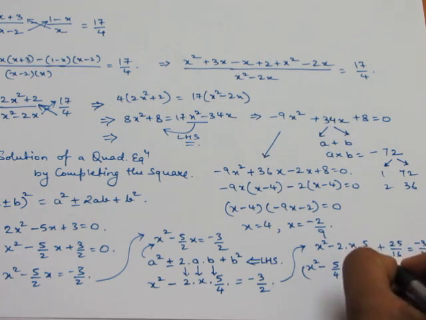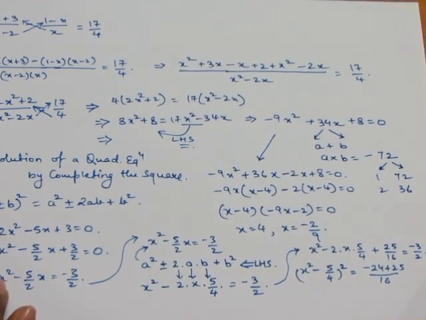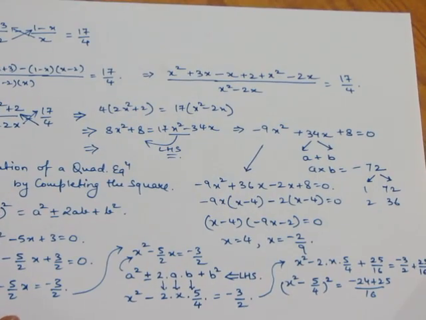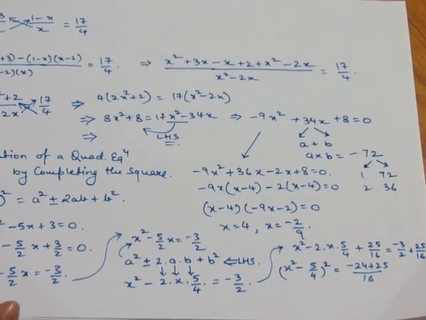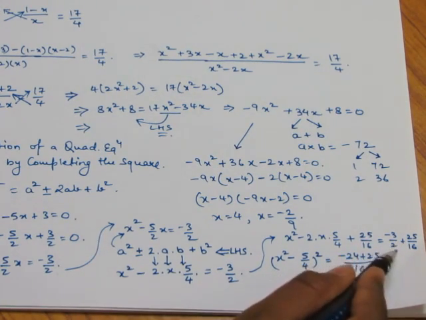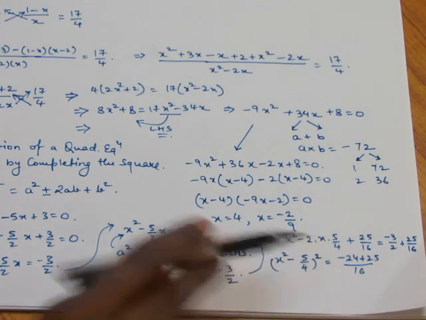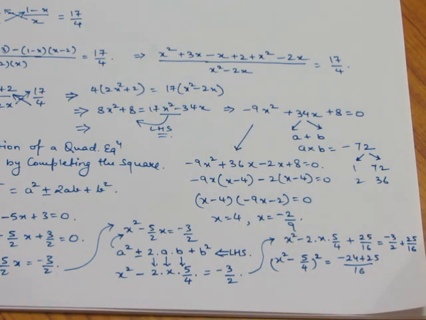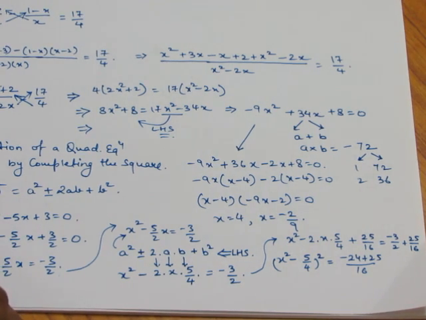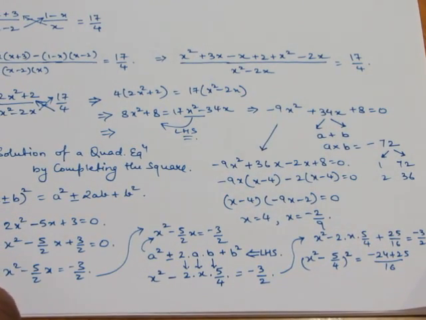So minus 24 plus 25 upon 16. Is this clear? I just took the LCM in this place and I have written it like this.